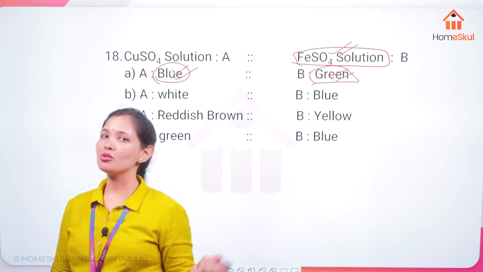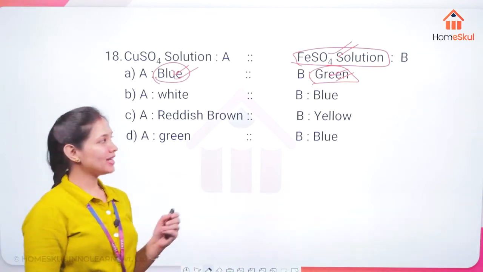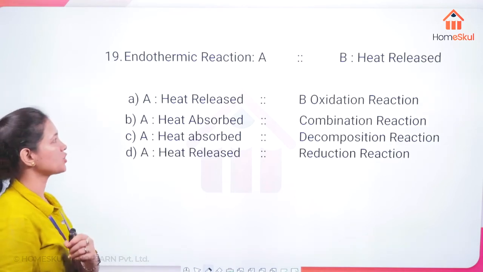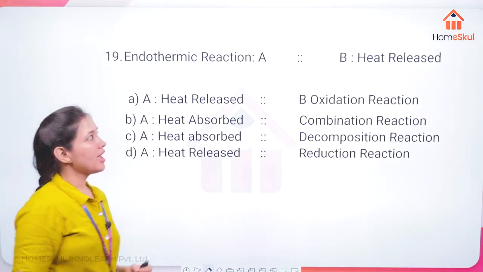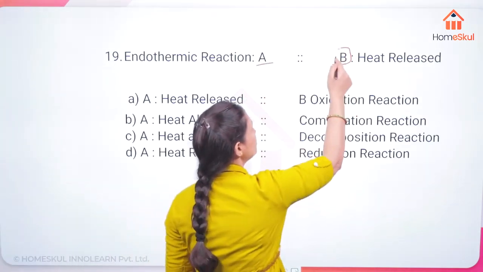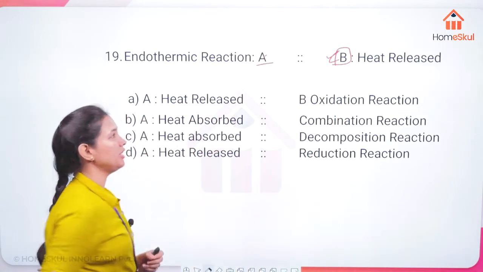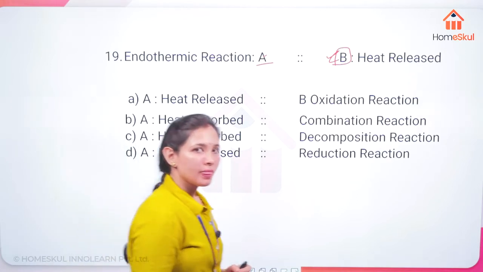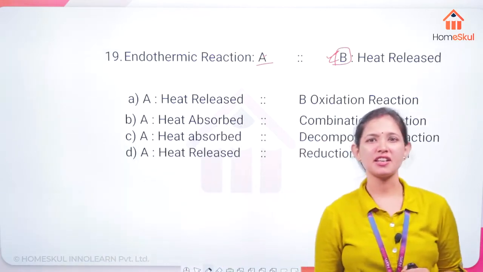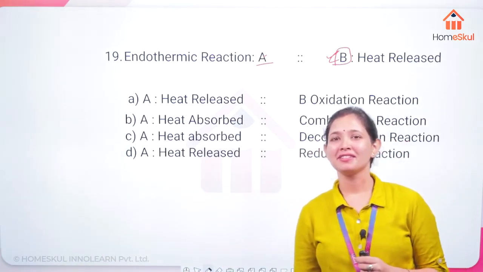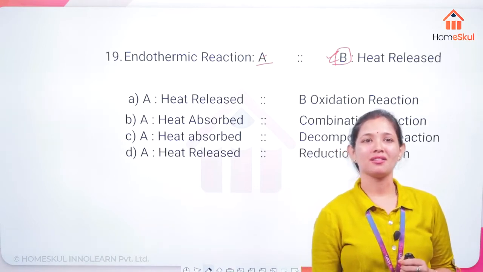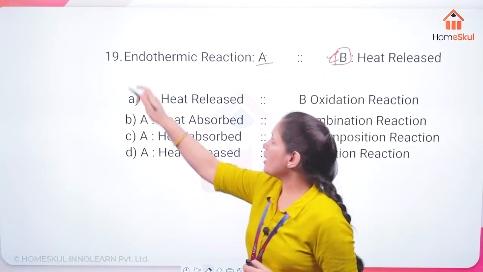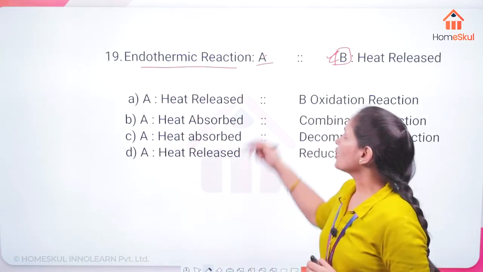Okay, now we will move on to the next question. Endothermic reactions, A, and you have to identify B here. Heat released, heat absorbed. Endothermic reaction, your A is good.